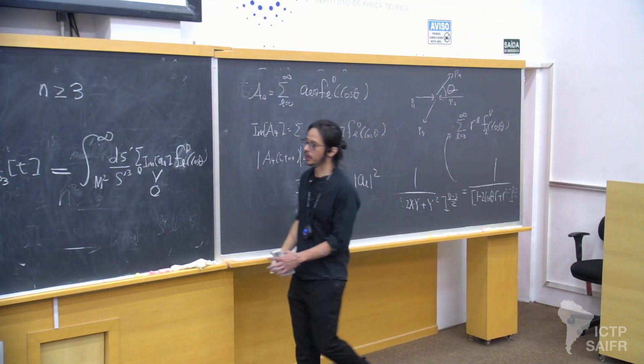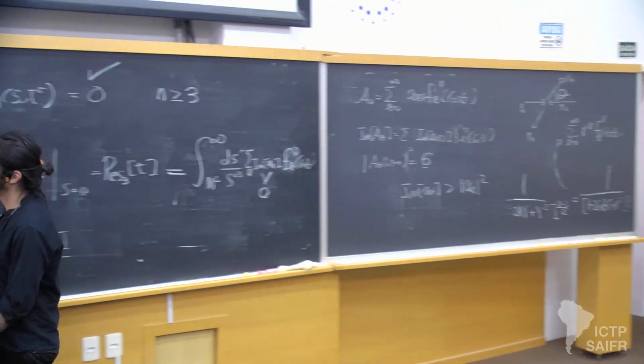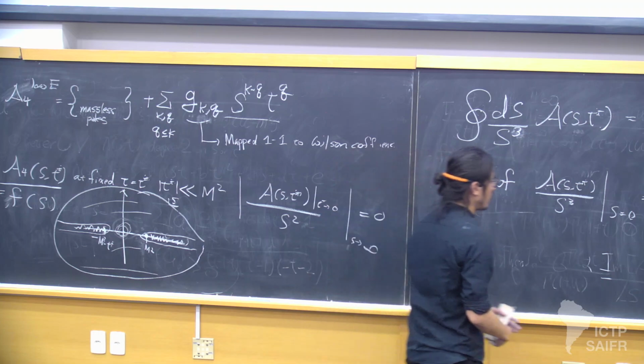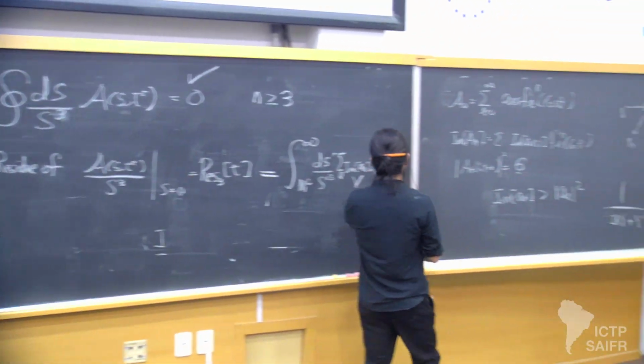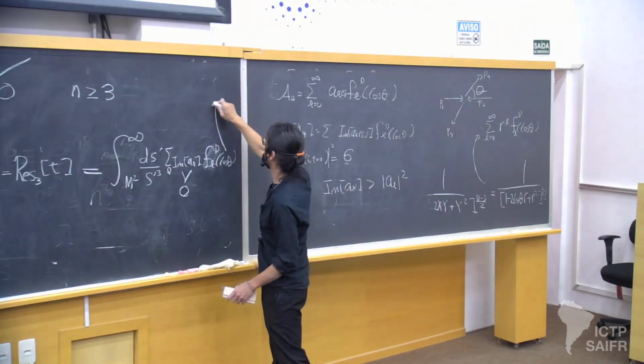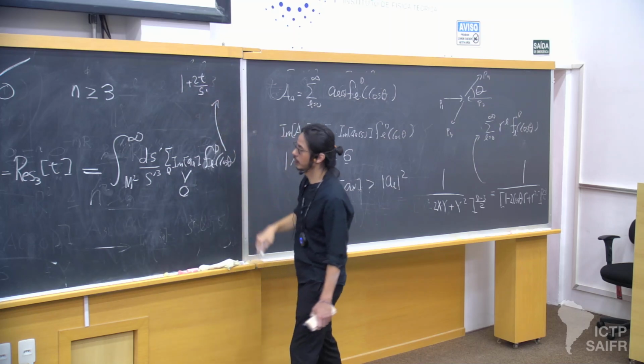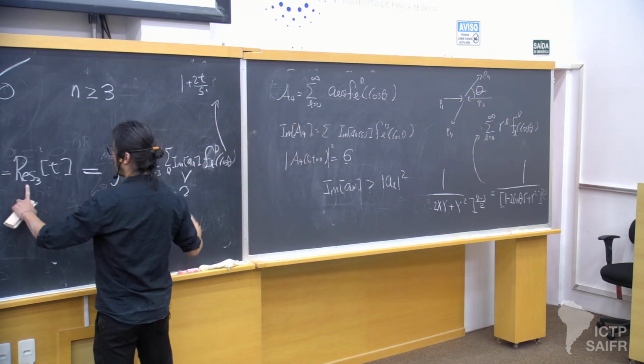Okay, so now I have this equality. So basically, I have a relation between all of my low energy couplings and something in my high energy cosine. So cos theta, you can just replace it by 1 plus 2t over S prime. So this is actually a function of t. So now what you can do is you can match both sides.